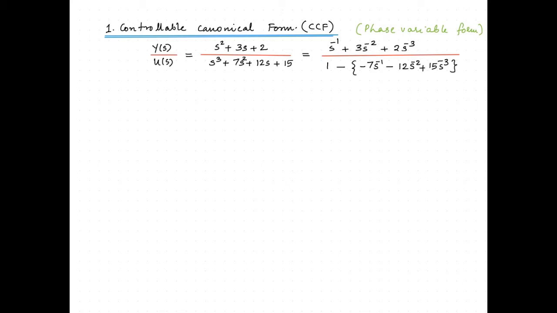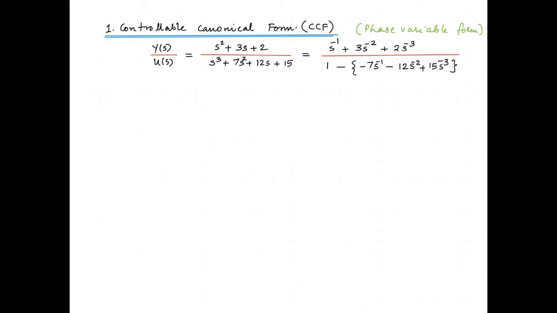This method, which is discussed here, is used to obtain the phase variable form or controllable canonical form given a transfer function. We have seen in another video how phase variable forms can be obtained from differential equation forms just by substituting the output as one of the state variables and its successive derivatives as the other state variables.